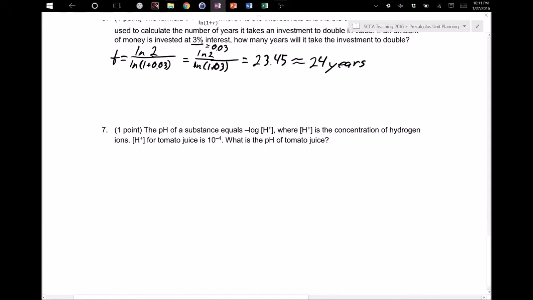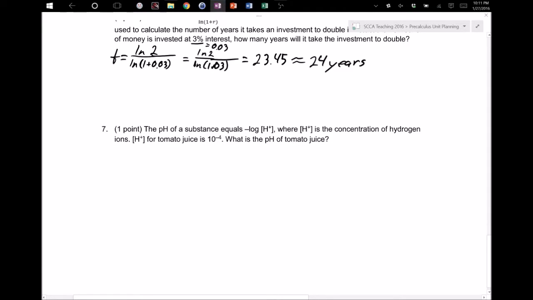Okay, now the last problem, this is a definition from chemistry. The pH of a substance equals the negative log of bracket H, where bracket H is the concentration of hydrogen ions. Bracket H for tomato juice is 10 to the negative fourth. What is the pH of tomato juice? So log of bracket H is going to be log of 10 to the negative 4.